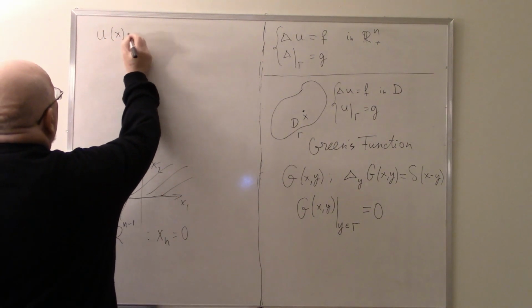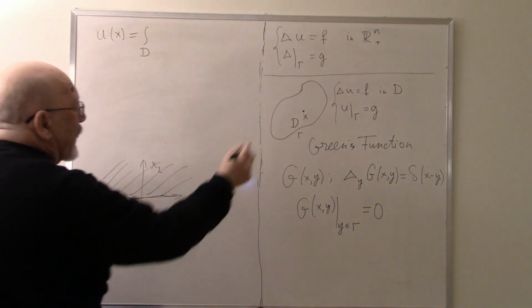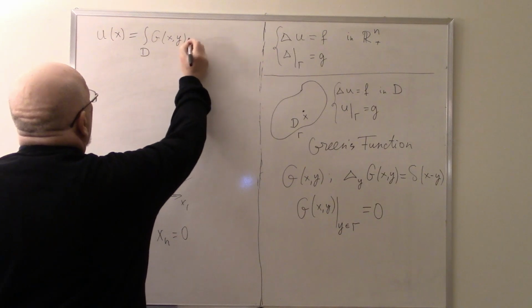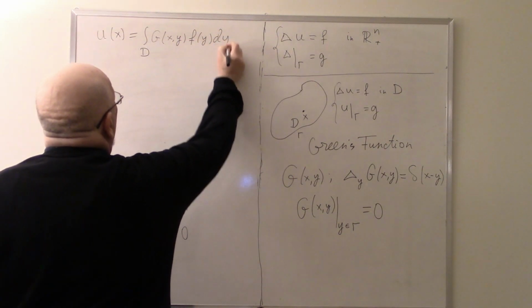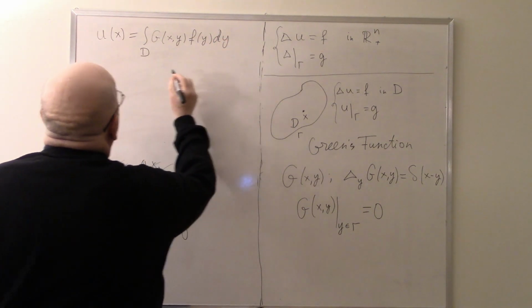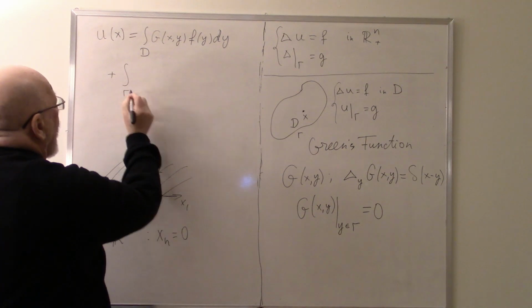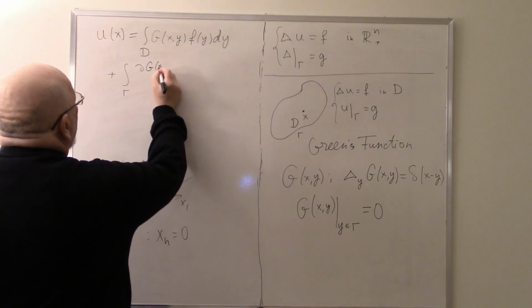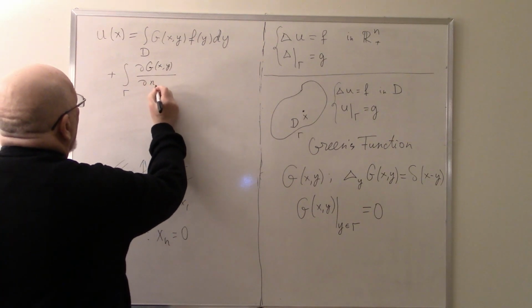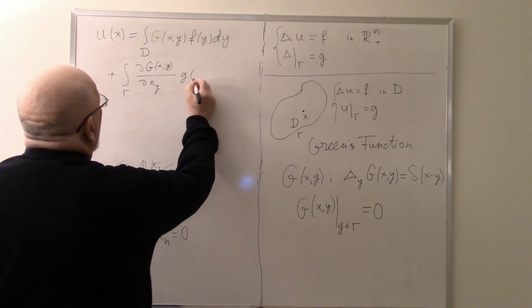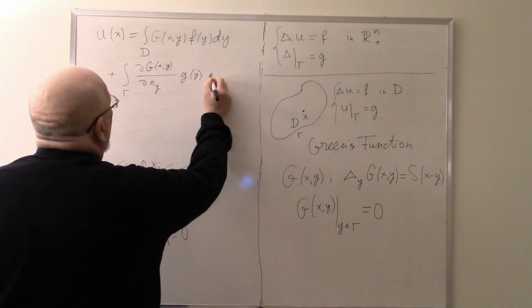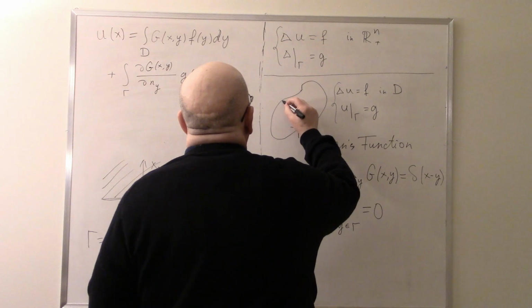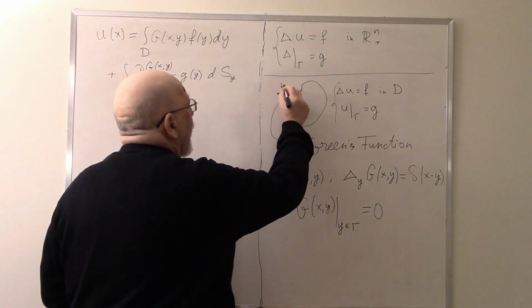U of x equals integral over domain D of g of x, y f of y dy, plus integral over gamma of dg of x, y over d n y times g small of y dS y, the point y, where ny is the unit external normal vector at the point y.